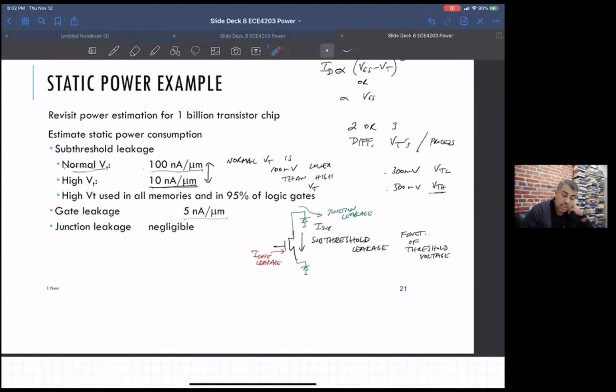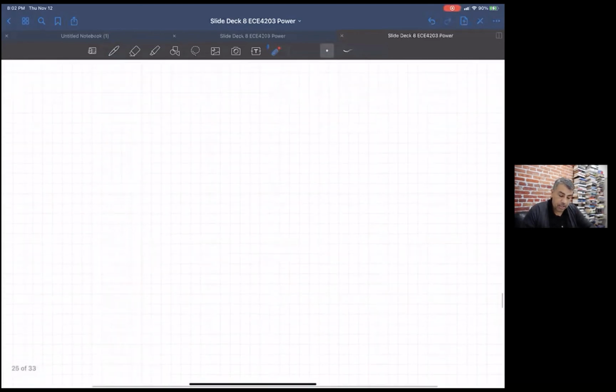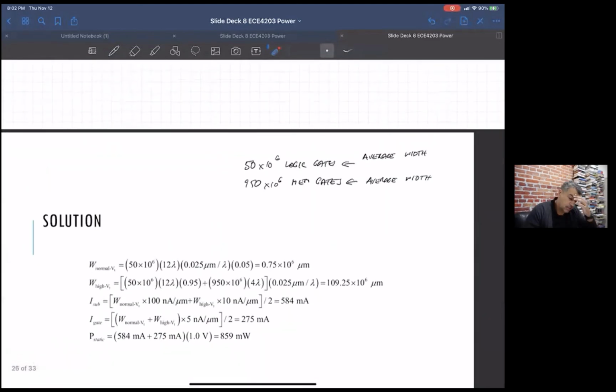The junction leakage is leaking from the drain or the source to the substrate. And the gate leakage is leaking from the gate to your channel or to your transistor. Okay, so anyway, the gate leakage is much less, and the junction leakage is negligible, so don't worry about that.